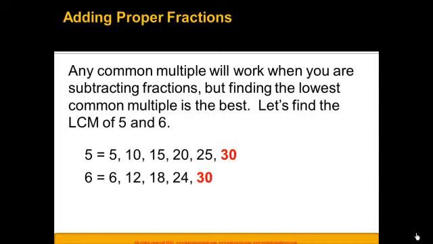The first 5 multiples of 6 are 6, 12, 18, 24, and 30. So you'll notice that there is only one common multiple for both 5 and 6, and we needed to go out about 5 or 6 multiples to find that. So the lowest common multiple of 5 and 6 is 30.